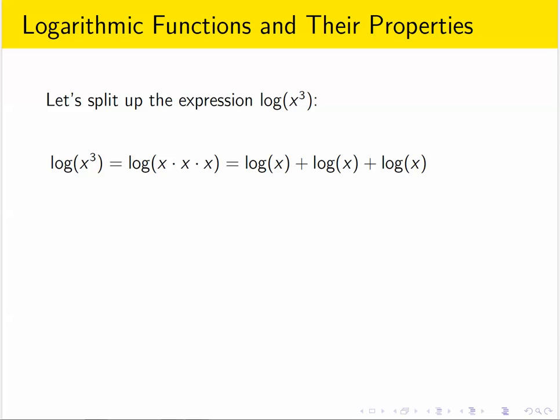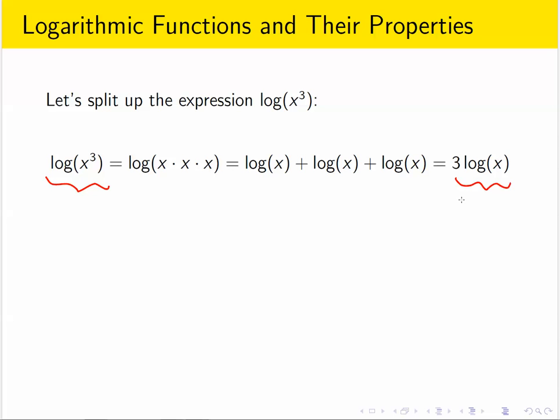Now each of those quantities is the same thing: log of x, log of x, log of x all represent the same thing. So we can combine like terms and write that as 3 times the log of x. And notice what's happened here. We started with log of x cubed.